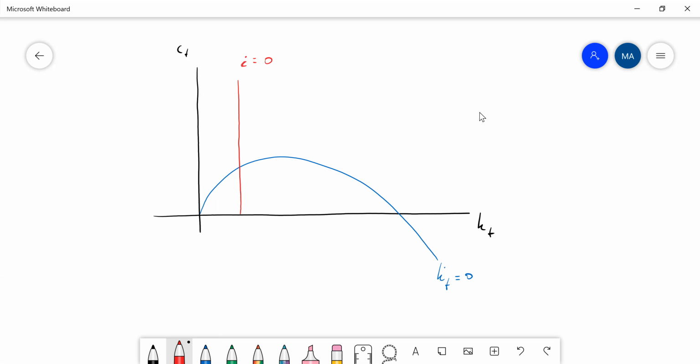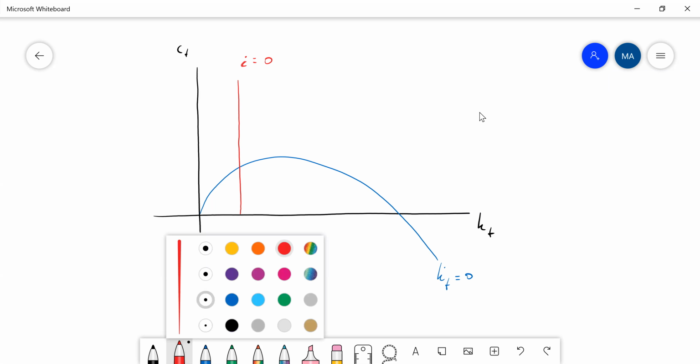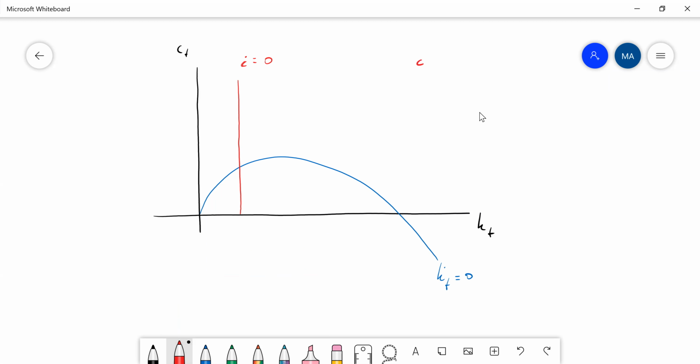Okay, so if I write them, C dot T equals CT times alpha KT to the alpha minus 1 minus M plus rho, and K dot T equals KT to the alpha minus CT minus NKT.